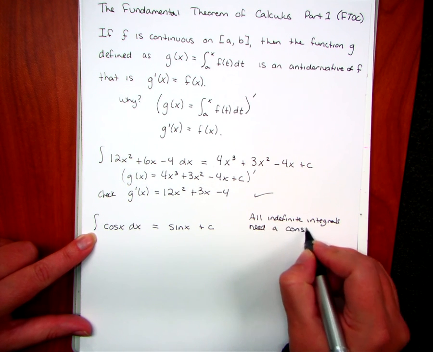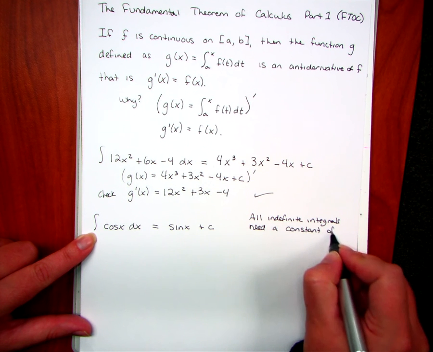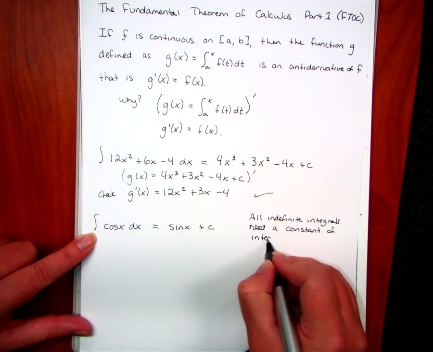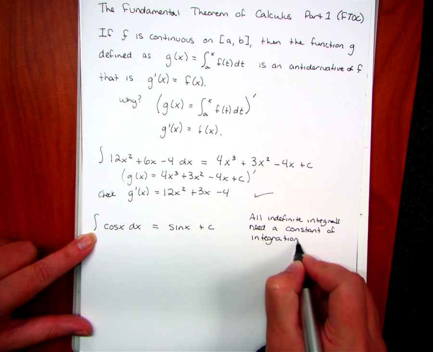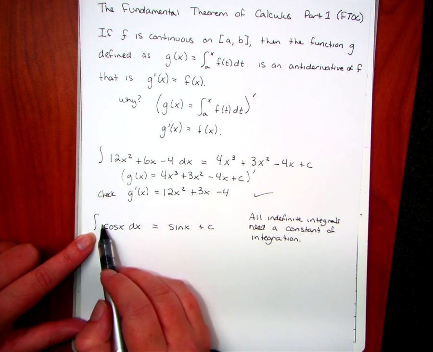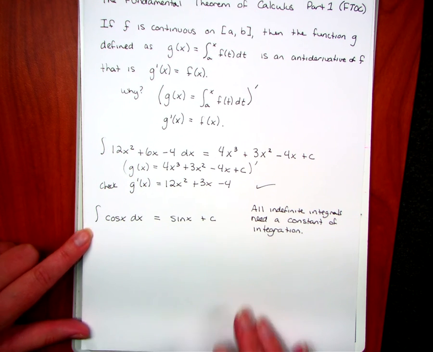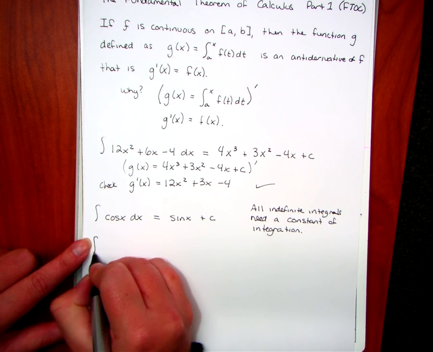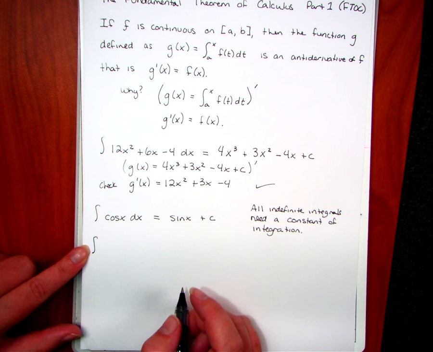A constant of integration, that's what it's called. So if it's an indefinite integral, meaning we don't have any numbers here, we're always going to add c.